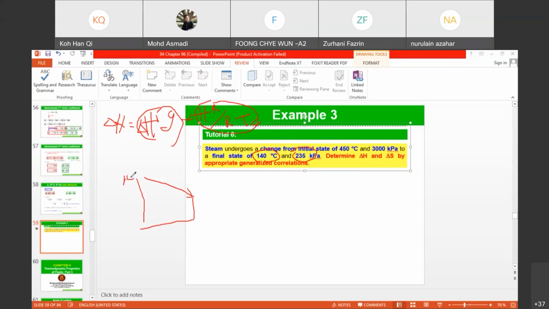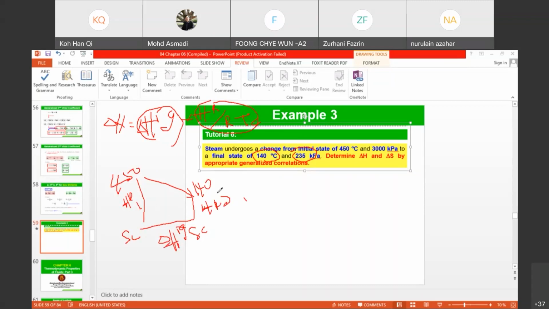So 140, this one is a standard condition of 450. Then this one is 140, so this one has H R1, H R2, delta H ig. This is the hypothetical path.